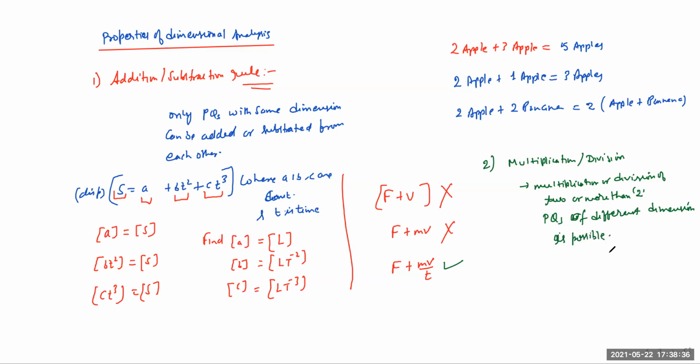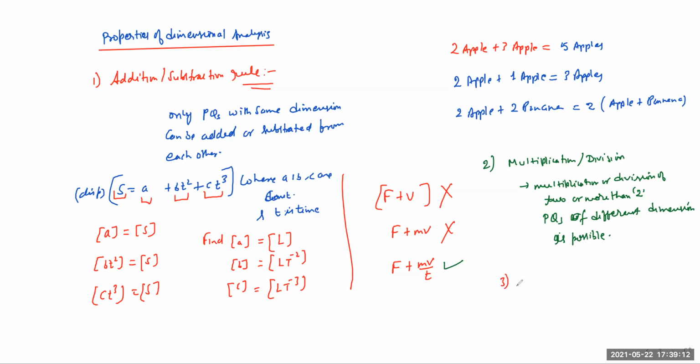So for multiplication, there is no restriction. You can easily multiply or divide. So for example, we have multiplied m into v, which is totally meaningful, right? We know mass into velocity is momentum, so it's a meaningful thing. And I can divide v by t. It's also meaningful. Everything is meaningful. And then distance upon time. So these are all meaningful things. So multiplication or division of dimensionally different quantities is possible. We can always do it. But for addition, the restriction is always there.